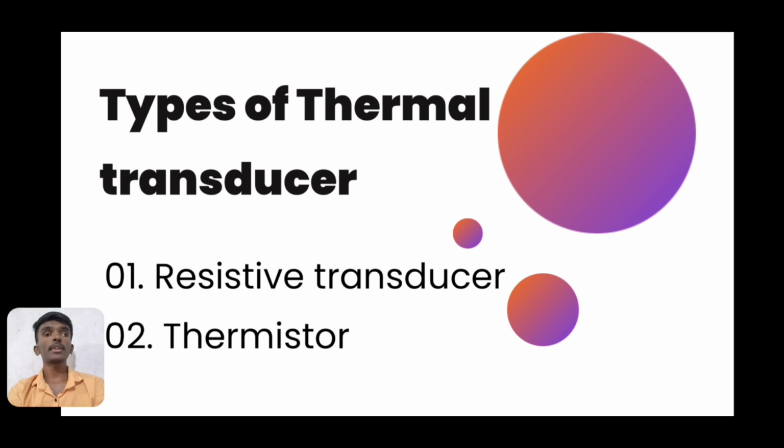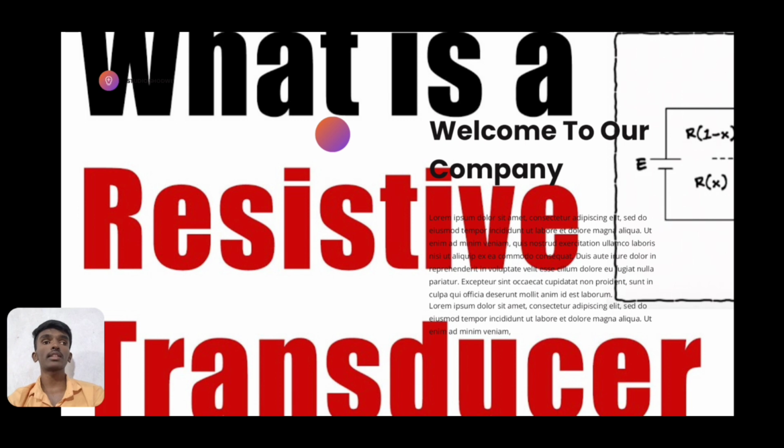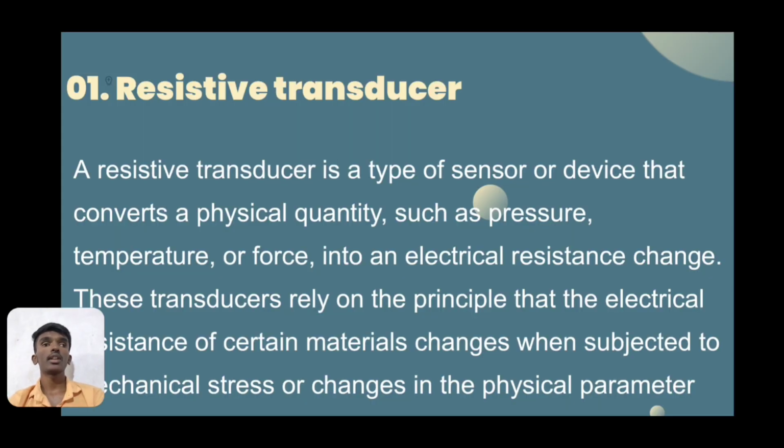There are two types of thermal transducer, that are resistive transducer and thermistor. Let's see the first one, resistive transducer. What is a resistive transducer? A resistive transducer is a type of sensor or device that converts a physical quantity such as pressure, temperature or force into an electrical resistance change.